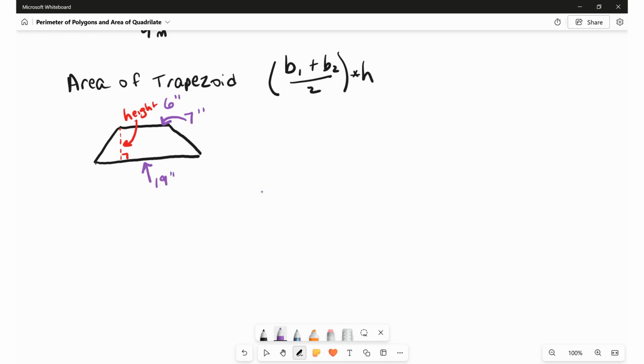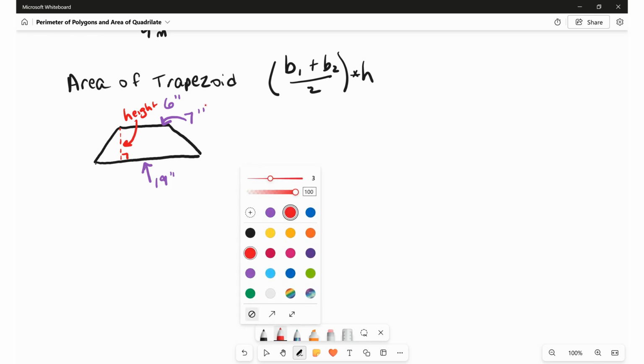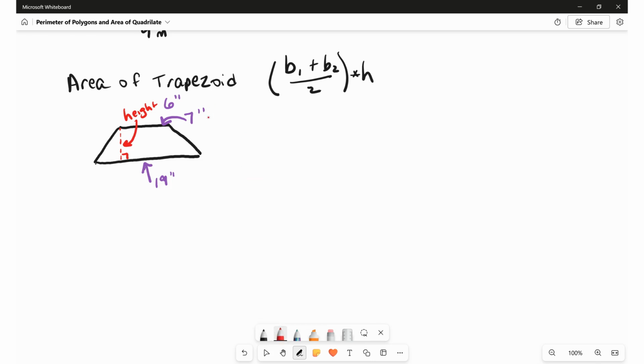So the top and the bottom, these two parallel lines, are the two bases of the trapezoid. So you can say that this is maybe base 1, and this is going to be base 2. And now you have everything that you need to complete this formula.